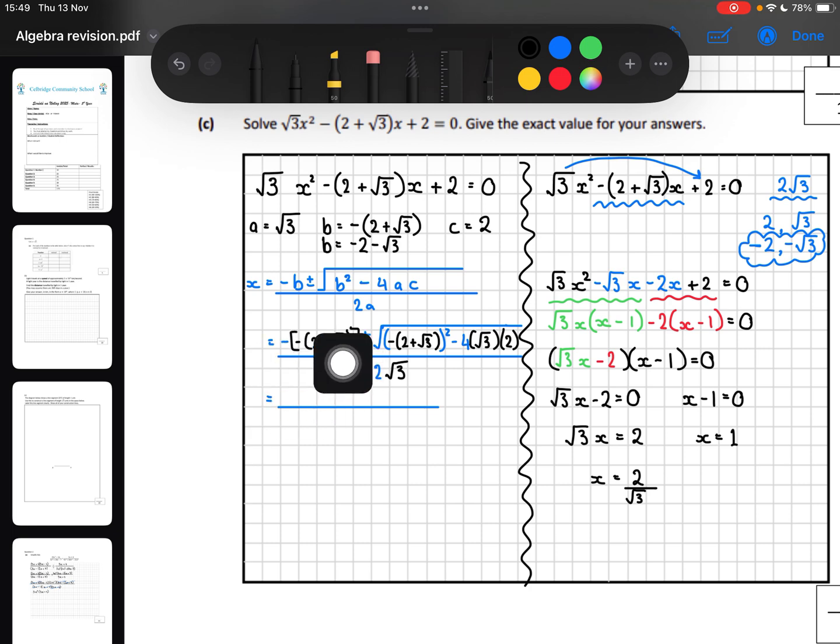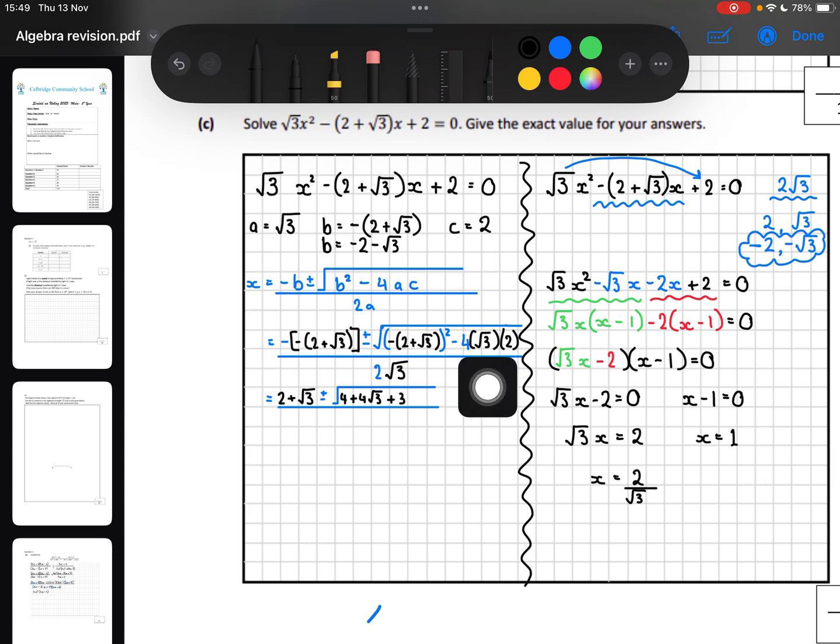Sometimes I think this is a bit nicer to do. So here a minus by a minus is a plus, and then I will have 2 plus square root 3 plus or minus the square root of. Okay, so here my minus by minus gives me a plus, and then I have 2 plus square root 3 squared, which is going to give me 4 plus 4 square root 3 plus 3.